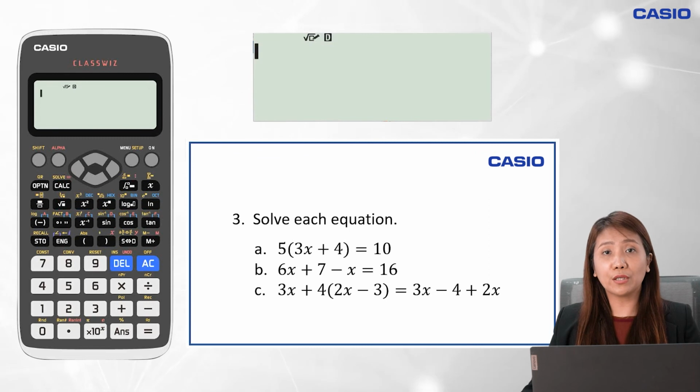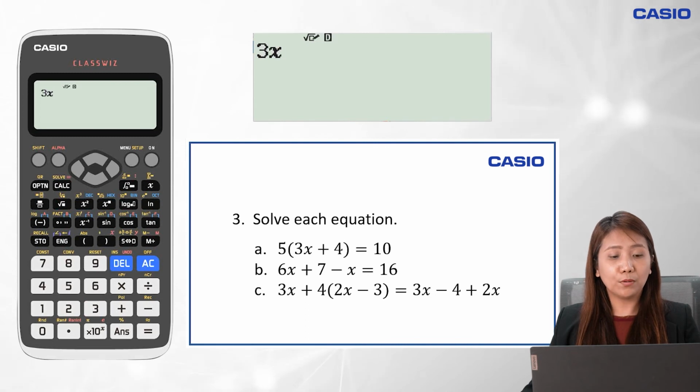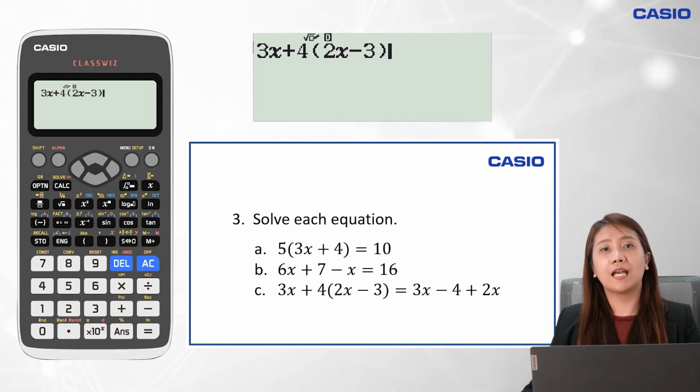To solve for the third equation, we input the first side of the equation by pressing 3x plus 4. For the quantity, we have open parenthesis, 2x minus 3, close parenthesis.